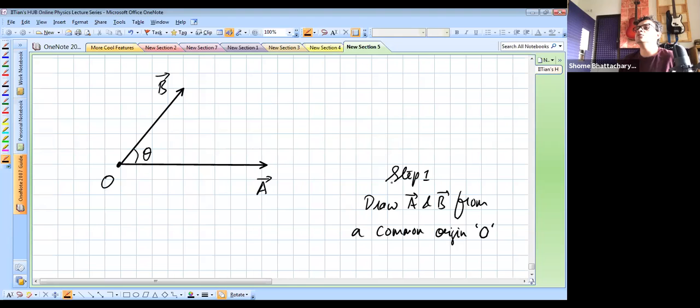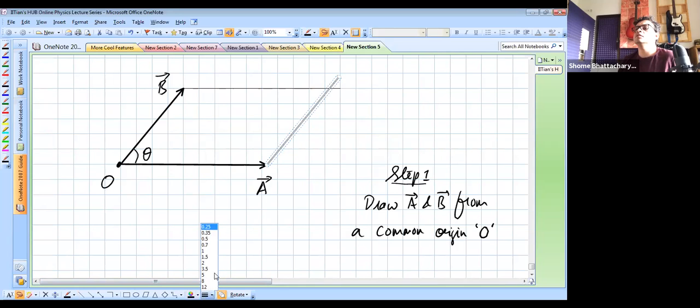Now, next step, what you do is you draw some additional guidelines, like let's say this one, to complete a parallelogram. So draw two additional parallel sides to complete a parallelogram. So these are like guidelines. Okay.